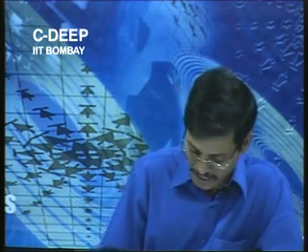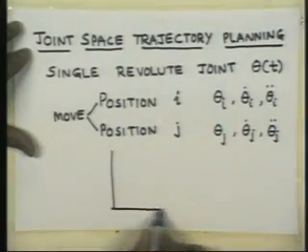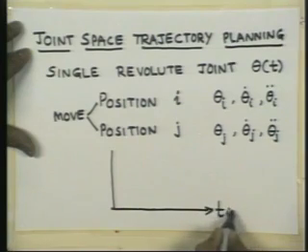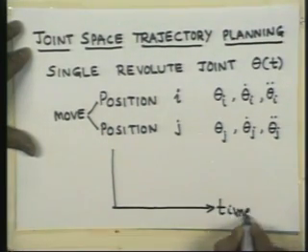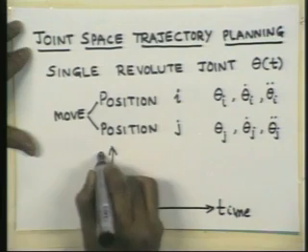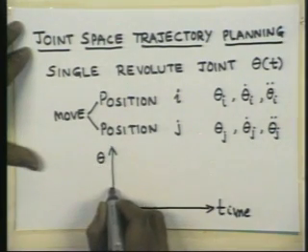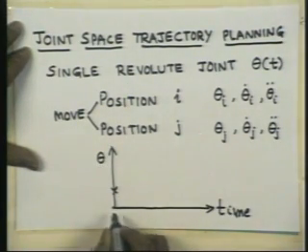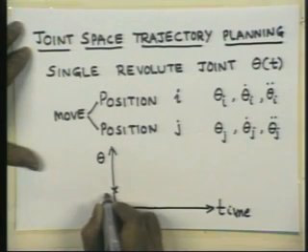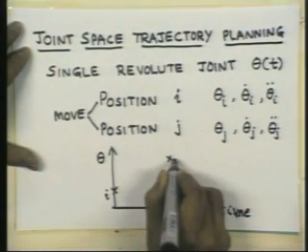If you want to move from position i to position j and you want to plan a trajectory, time and theta, so you have certain position here, i, and you have certain position j.